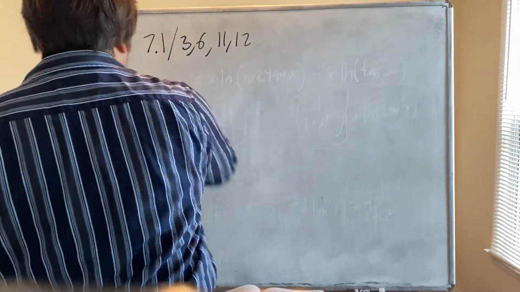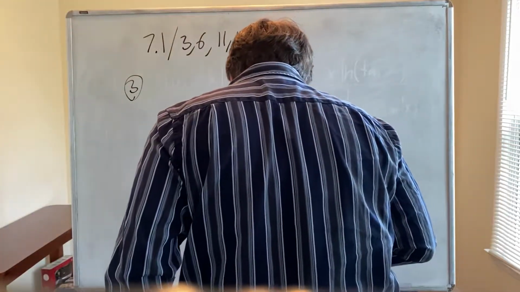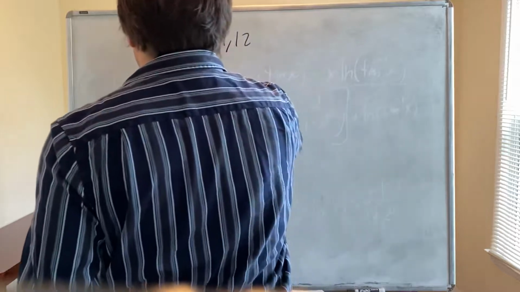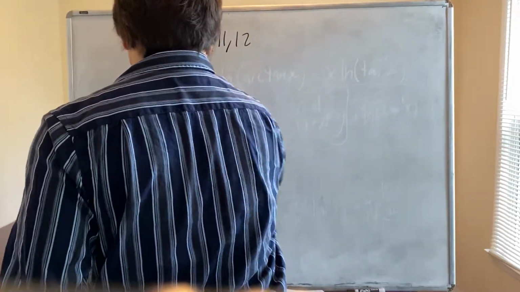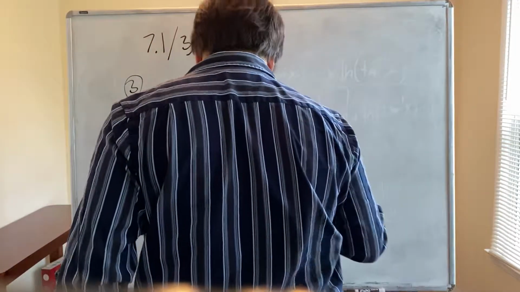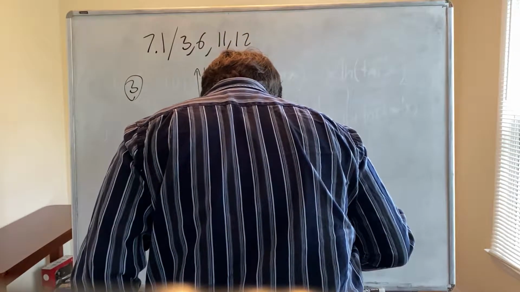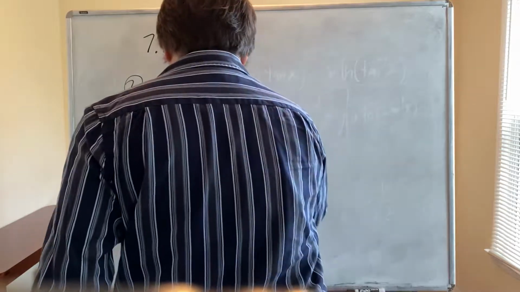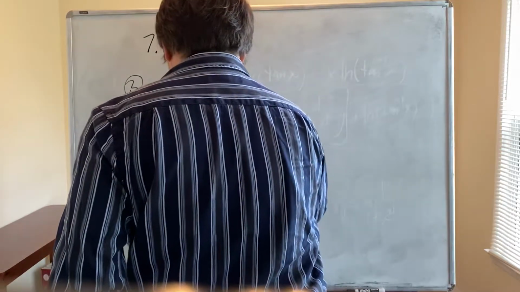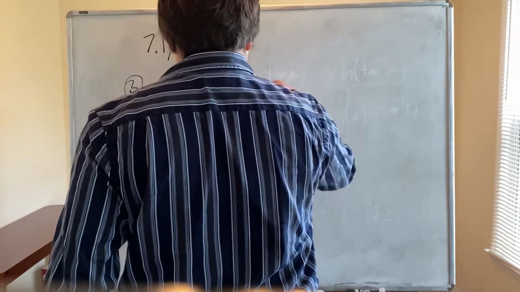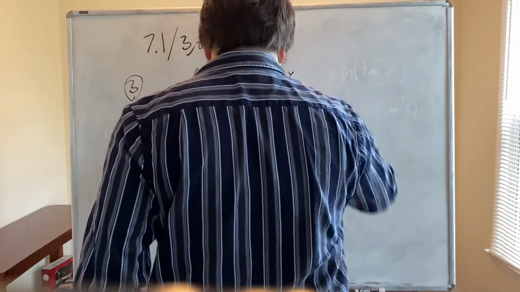For number 3, we want to find the area of the shaded region. So here's the y-axis, and here's the x-axis. This is x equals e to the y, not the other way around.